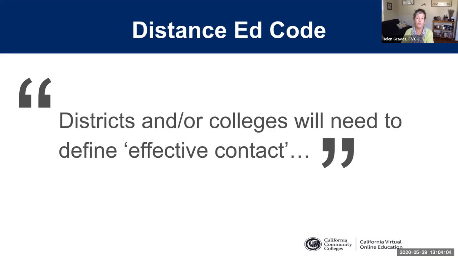Now that's a mouthful, but basically what it means is you're going to want to proactively check in with your campus DE coordinator or look on your college website to determine what your campus's regular effective contact guidelines are, because they're going to vary from campus to a certain degree.